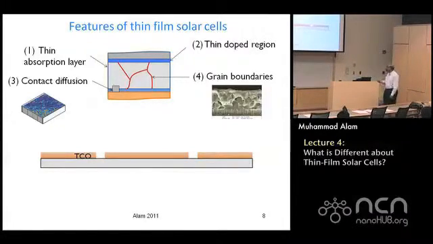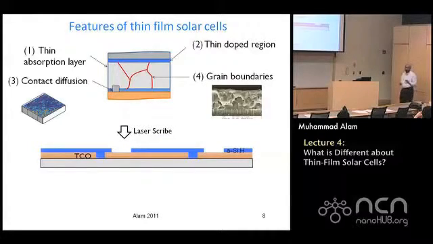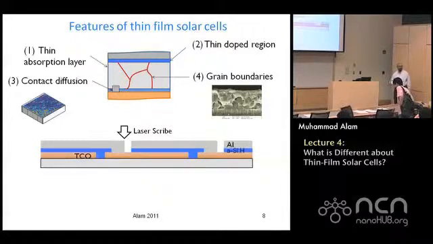And the way people do it is, if you have a glass substrate, you put the mirror, TCO is a type of electrode, a highly conducting electrode, then you put the material that you want to put in. This is your solar cell material, amorphous silicon, cadmium telluride, whatever. And then you do the laser scribe, open up these holes, and then put the second contact on top. Now, do you see what it just did?